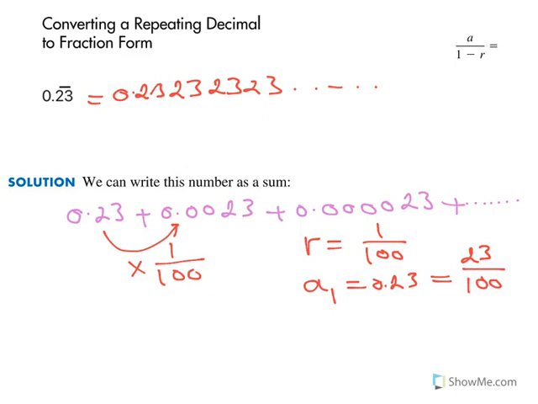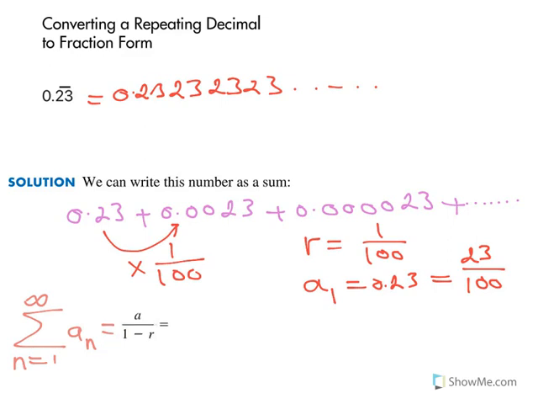So to find the sum of this series, we can write the sum from n equal 1 to infinity of this series, which becomes a1 over 1 minus r.